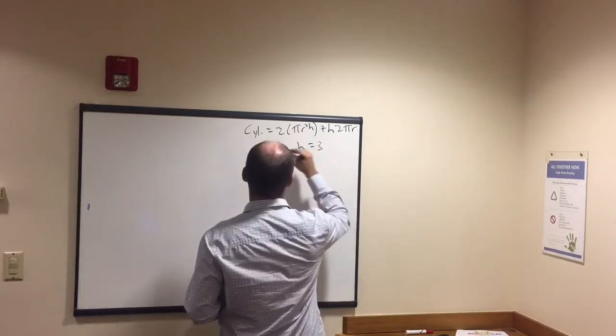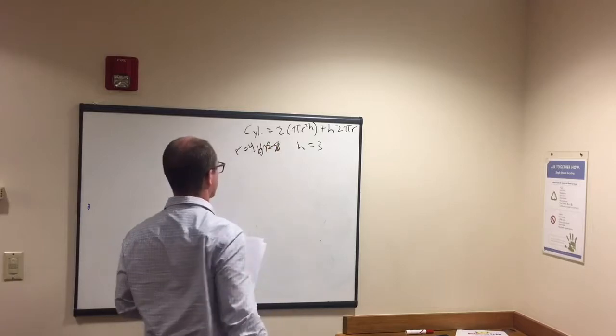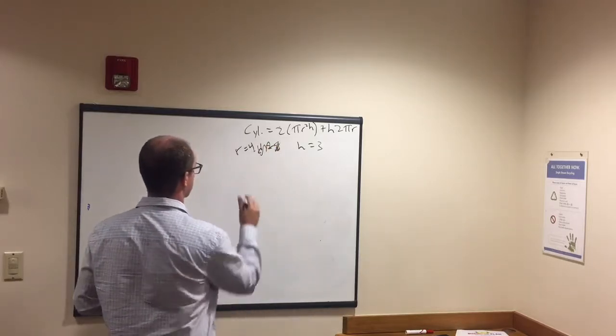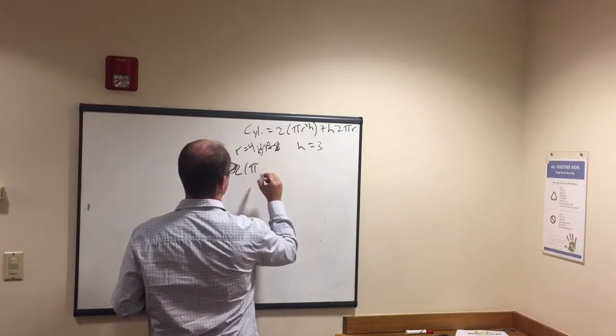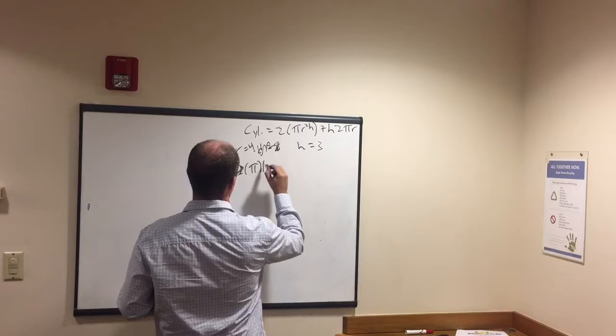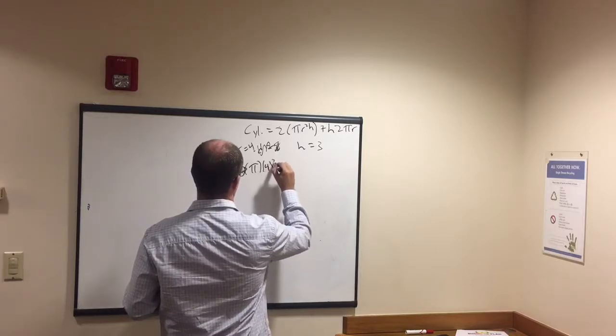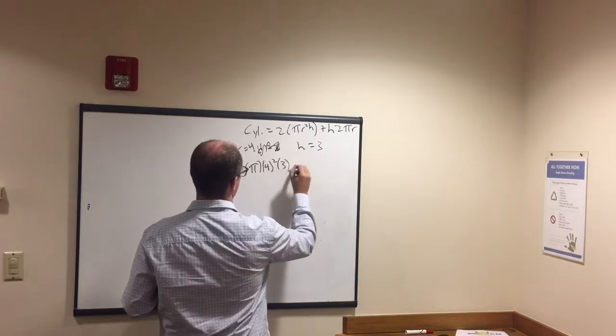So when we got that, we have radius equals 4. So we'll put that over here. Actually, we'll just cross this out now. Radius is 4, so we don't forget. Now, time to plug in. 2 times pi times r squared, so that's 4 squared, times the height, which is 3.